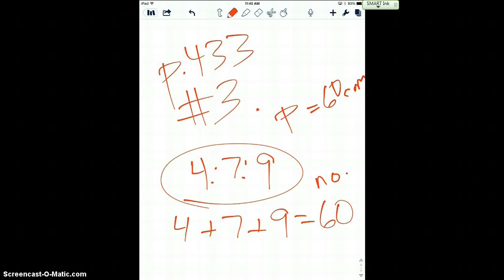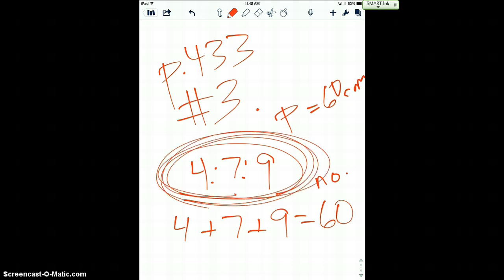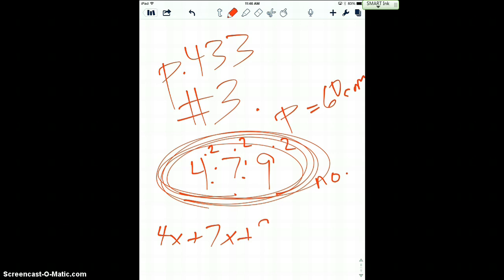No. So they need to be in this ratio, so I need something equivalent to this extended ratio. Would I double each one of these and then be good? Probably not. What about tripling? What about quadrupling? What about I don't know what? So I'm going to use algebra: 4x plus 7x plus 9x and see when I get 60. If I add these together, how many x's are there? 16.